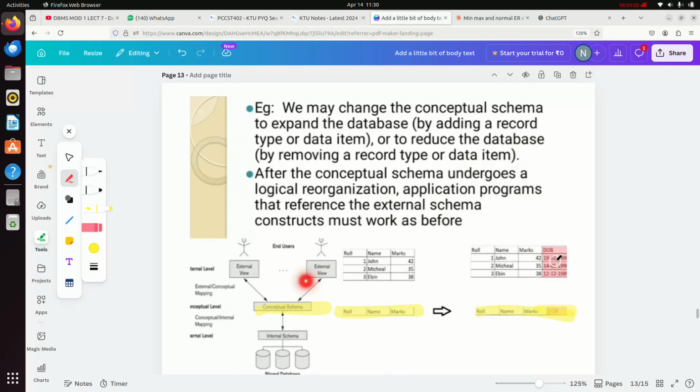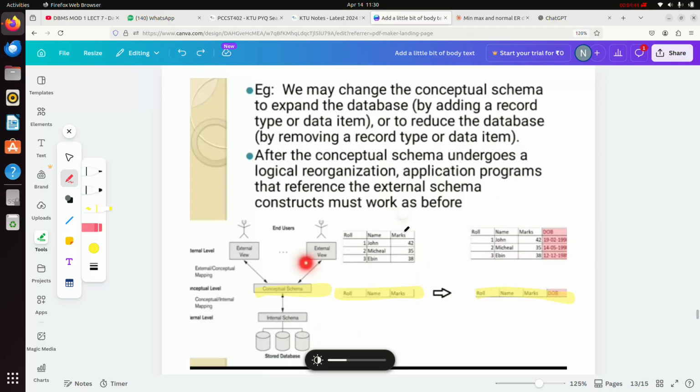After the conceptual schema undergoes this logical reorganization, the application programs referring to this external schema, which was our external schema before, should work as they did before. Expanding the database means I am adding a database record here. So this is one of the real life examples that you can write here.